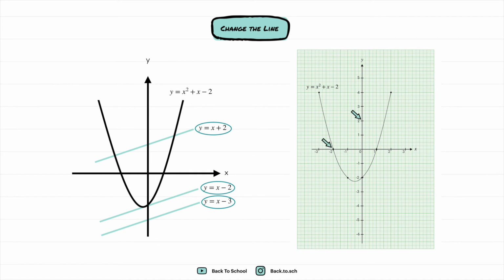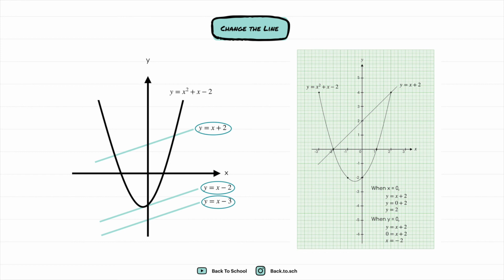Reason being, these points are the y and the x-intercept, and it's easier to find the coordinates of these points. All you have to do is to sub x equals to 0 into the equation and get the y coordinate. Sub in the value of y equals to 0 to get an x coordinate. And there you have it, your 2 points for this line. And connecting the 2 points will give you your y equals to x plus 2 line.